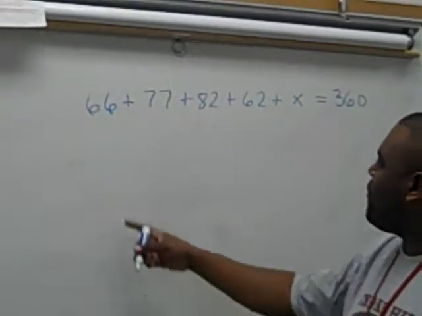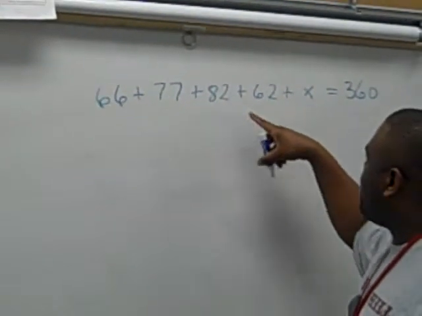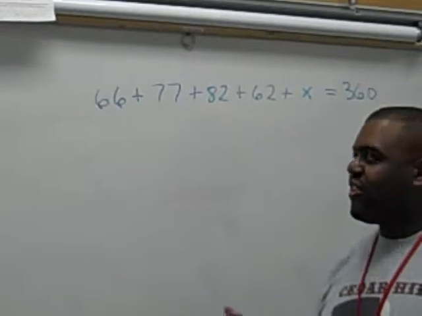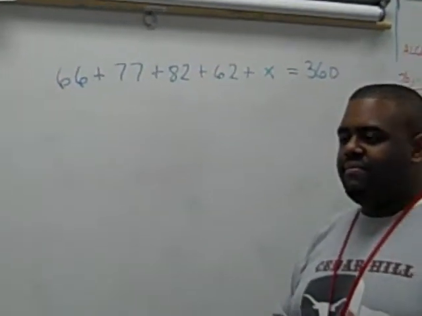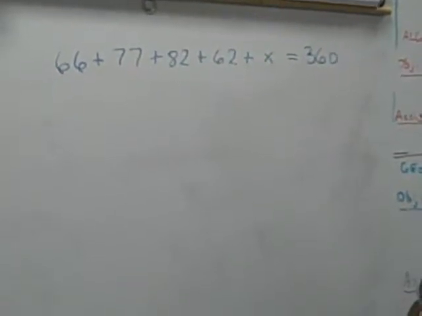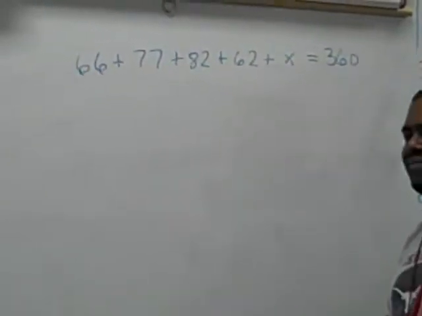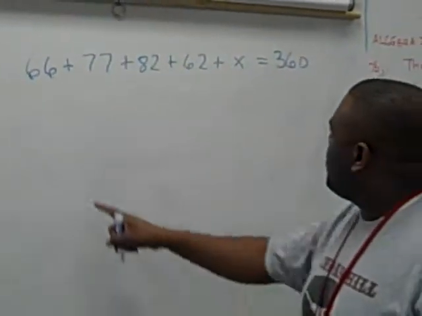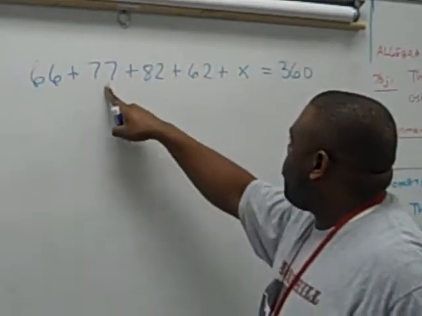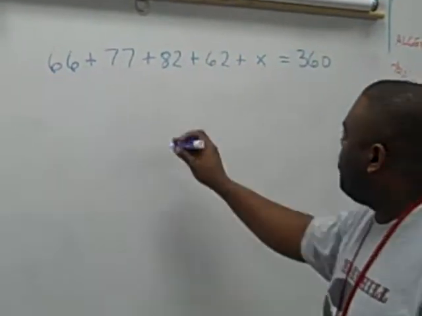Now all we got to do is add up the 4 numbers here. We got 66, 77, 82, 62. I'll give you a moment to use your calculator. And I will tell you now that the answer, when you add these up, that's 140, that's 143, that's 225, that's 287.